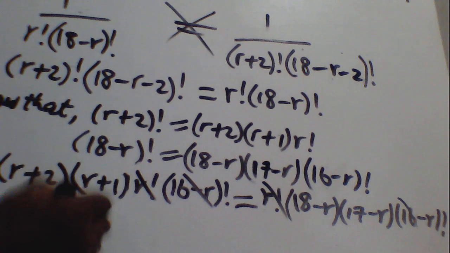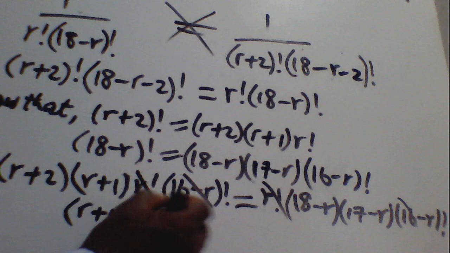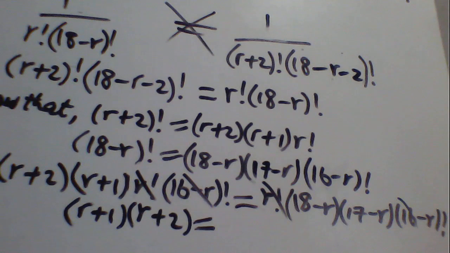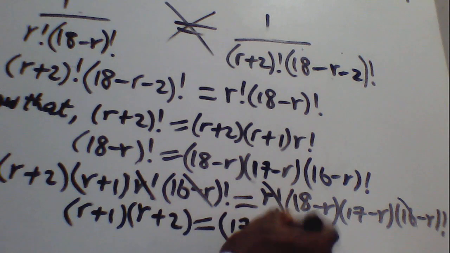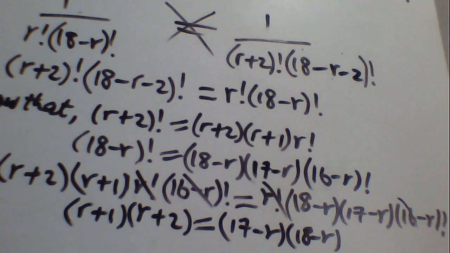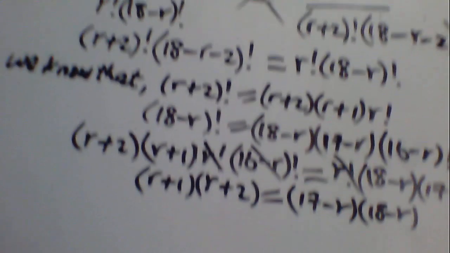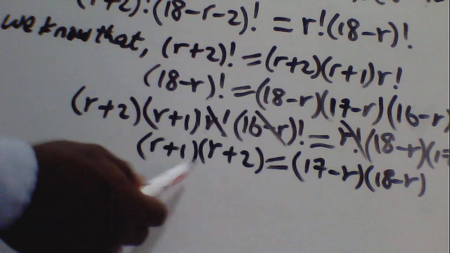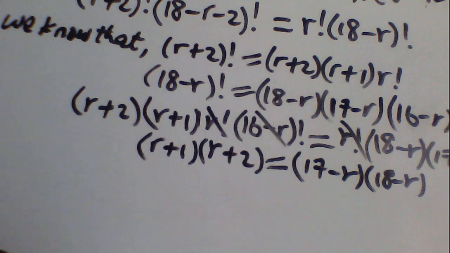So our equation simplifies to (R plus 1)(R plus 2) is equal to (17 minus R)(18 minus R). It is closed under multiplication, so whichever one you write first, it is still correct.